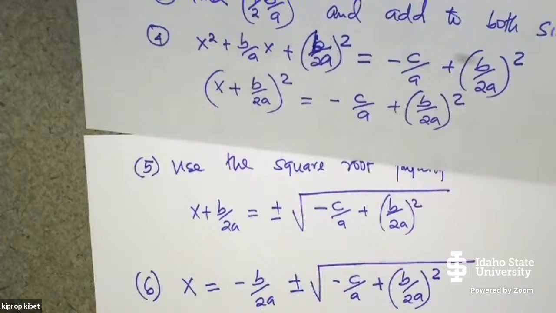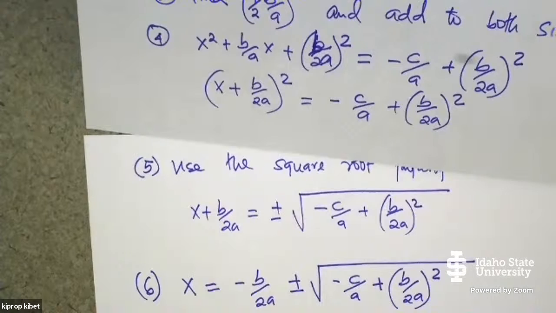Now we pick this one and this one. So it is x plus b all over 2a, which is half the coefficient of x. Now it forms a binomial square. So you square it and then equals to minus c all over a plus b all over 2a squared, which is still remaining there. Now using the square root property here, you remove the square here.